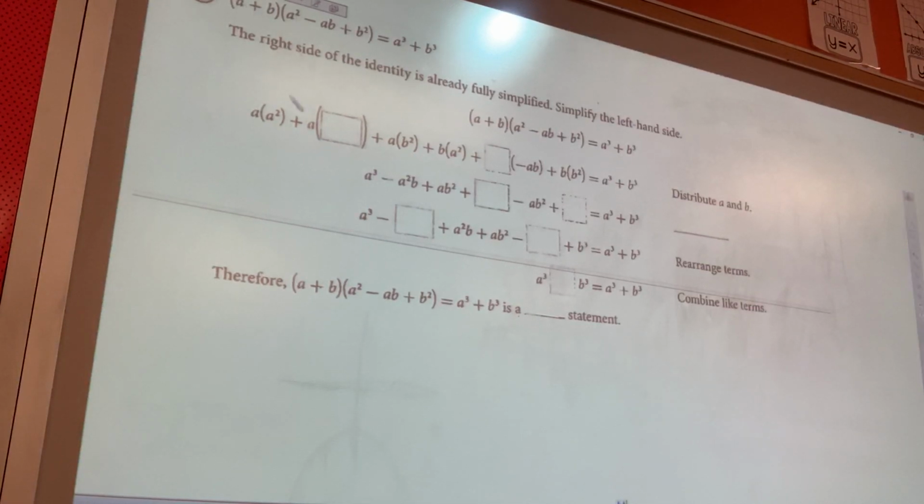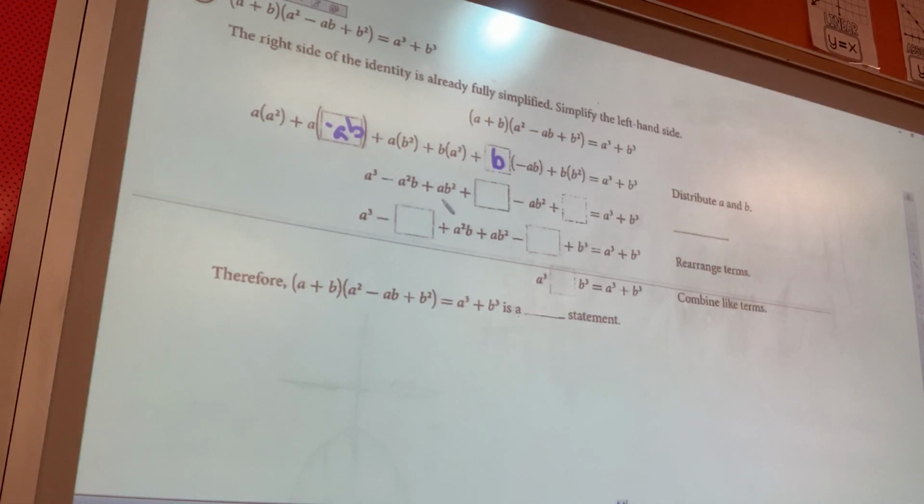So we take a times a squared, and then you take a times negative ab, a times b squared, then you take b times a squared, b times negative ab, and then b times b squared. That's a cubed. This is negative a squared b.